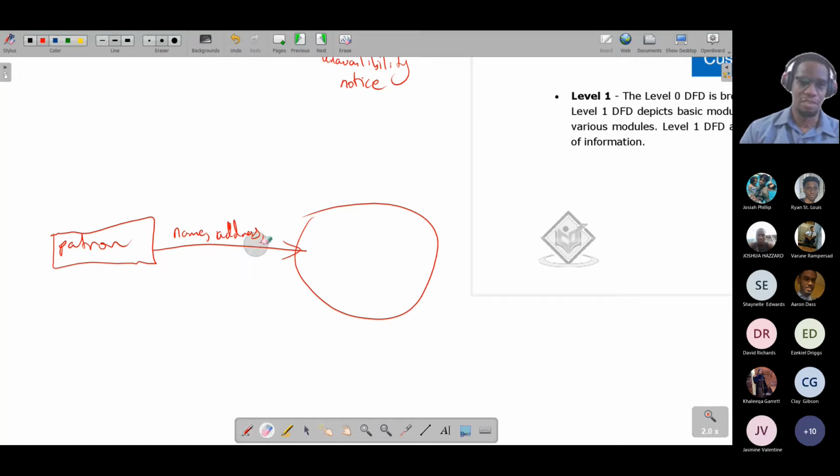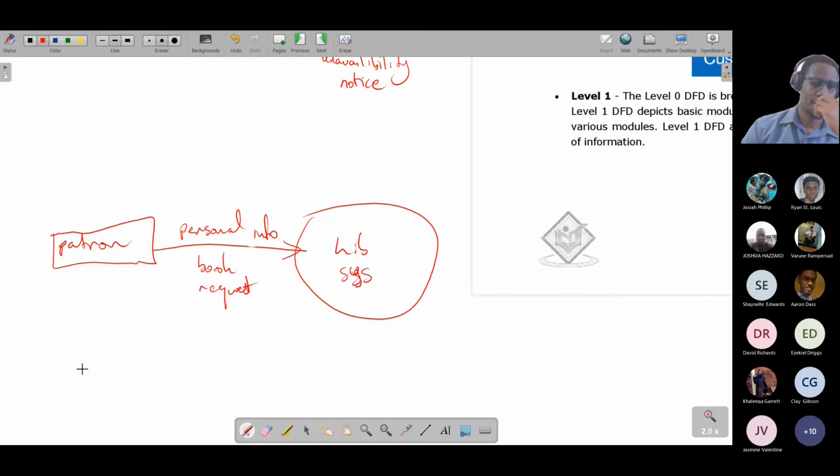Or if you want to be more general, because that could get cumbersome, you could put personal info, and then book request. So if this is a library system. That's an L, not an H. Hazard.